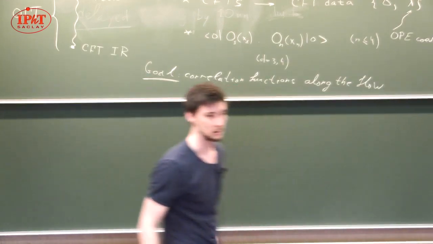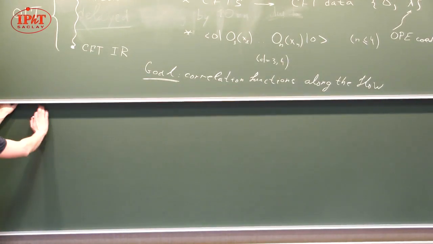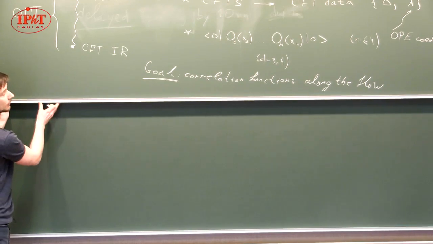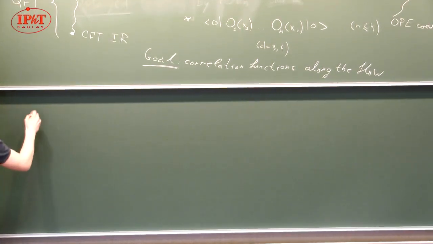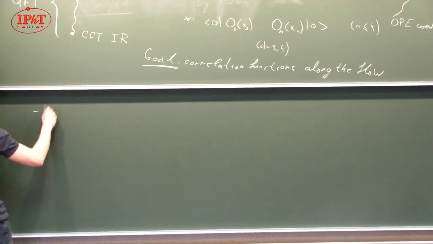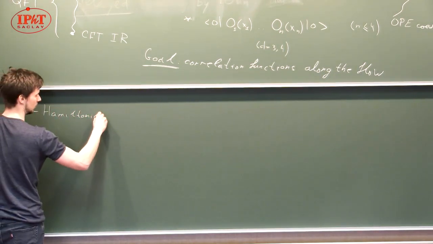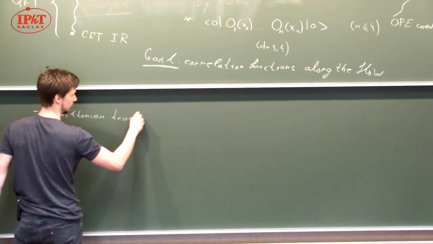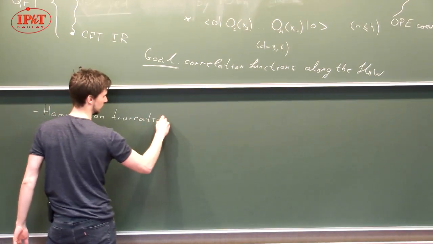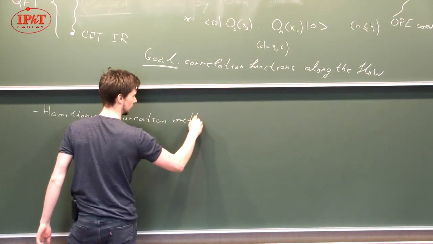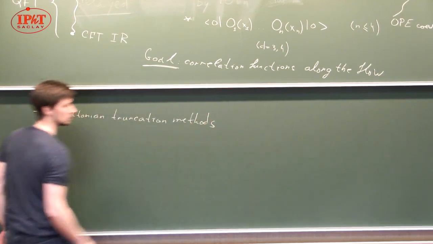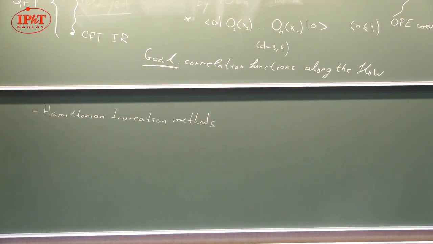And so what techniques do we have for doing that? We don't have many techniques, in fact. So one of them are the Hamiltonian truncation methods. Okay, they are numerical approaches, quite difficult though.